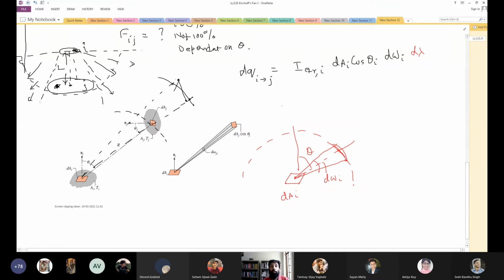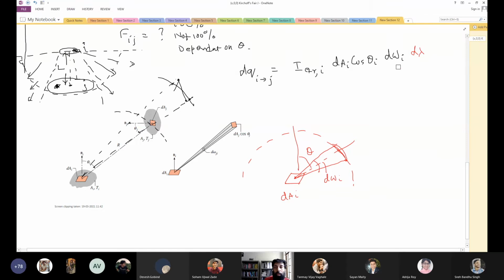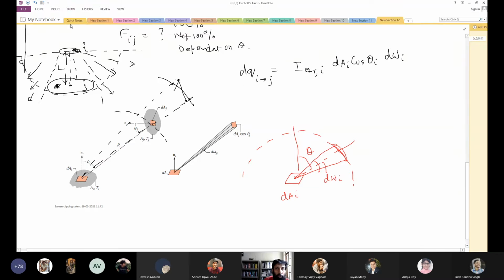If you studied for today's test, this should be clear to you. Does anyone have any question on this? I will not consider omega because we are considering a particular omega. It doesn't matter, since we are getting a geometric quantity. Can you explain the dAi cos theta i part again?